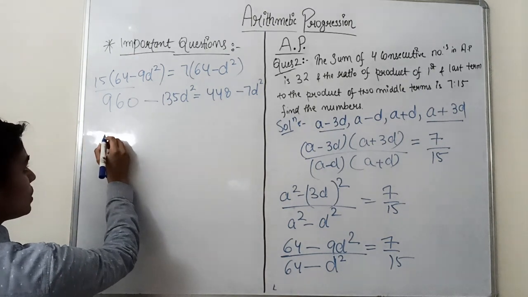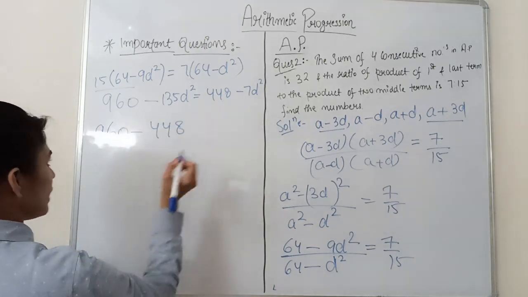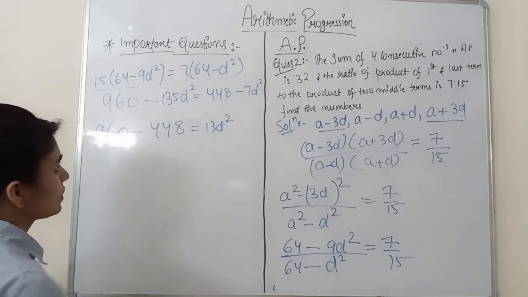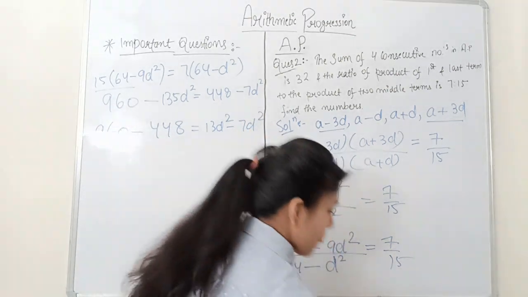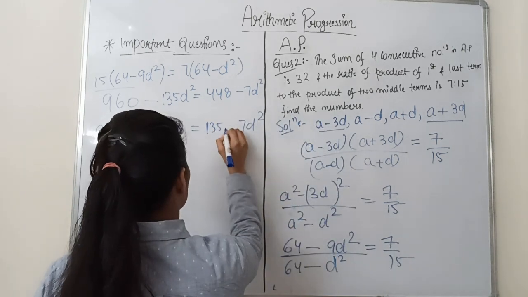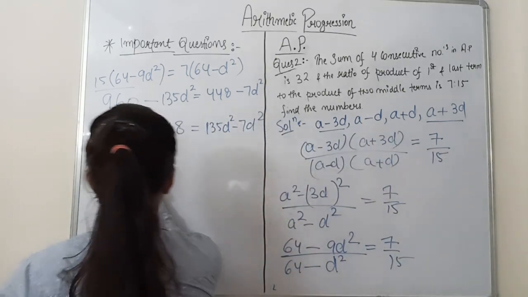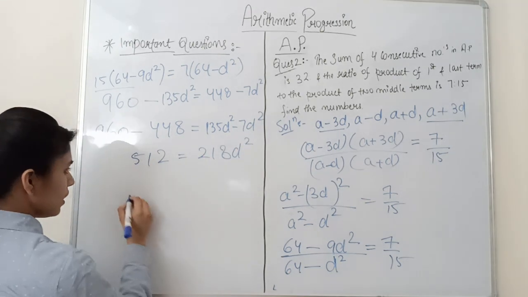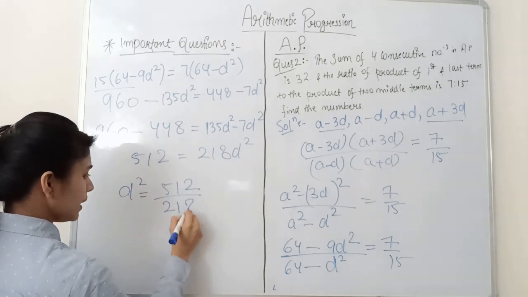Now we will solve this. 960 minus 448 stays on the left side, we take 135d square to the right side, and minus 7d square as it is. After this we get 512 equals 128d square. So d square will be 512 upon 128.